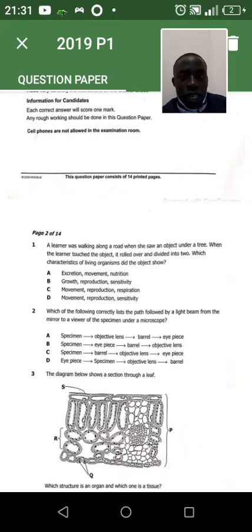When Elena touched the object, it rolled. So there you talk about sensitivity and movement supposed to be there. So the correct answer there is A, excretion, movement and nutrition. That is the correct answer there.